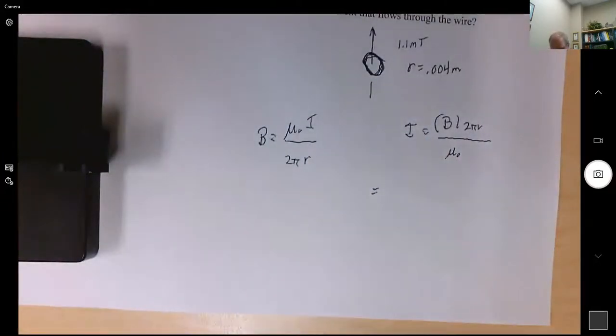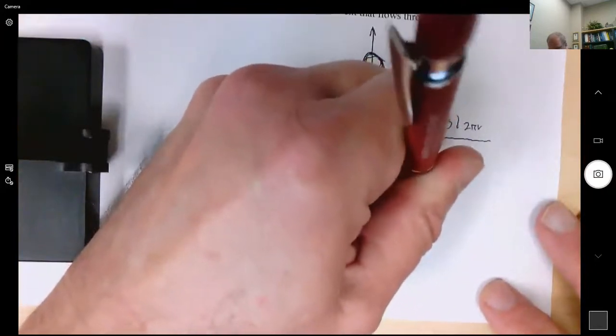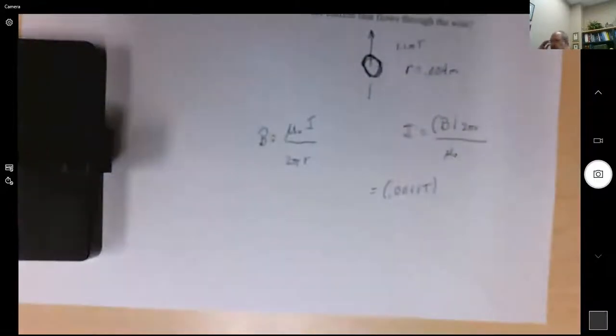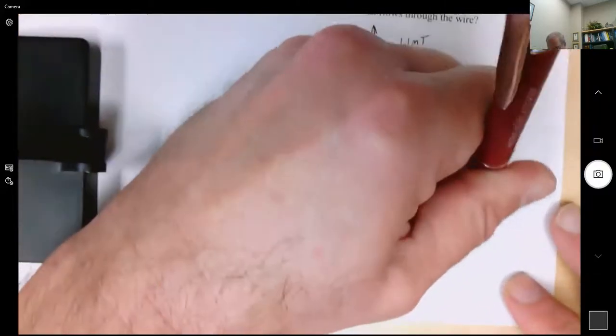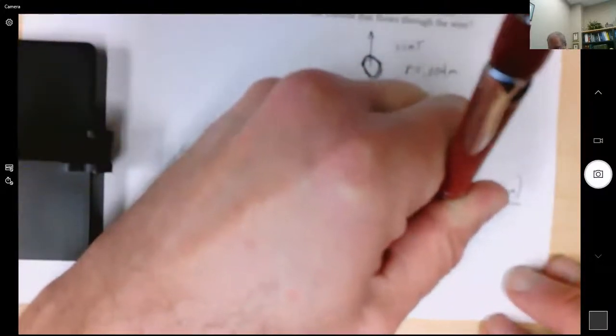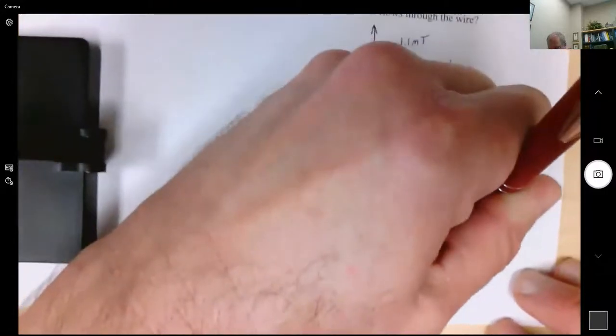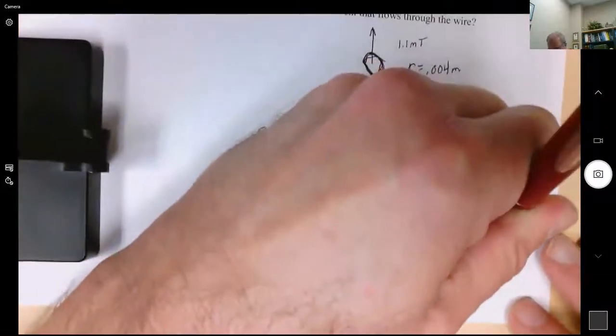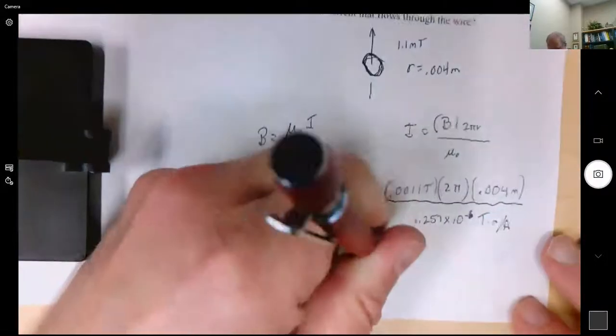Our magnetic field is 0.0011 Tesla, just converted from millitesla to Tesla, times 2 pi times the radius, which is 0.004 meters, divided by mu, which is 1.257 times 10 to the negative 6 Tesla meters per amp.